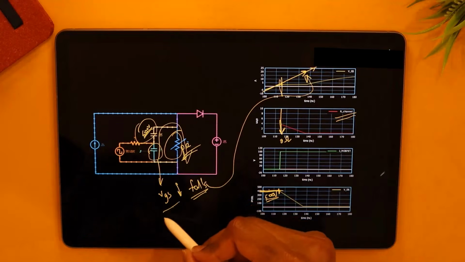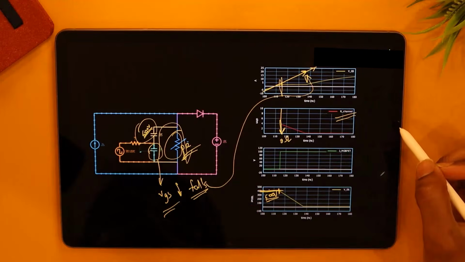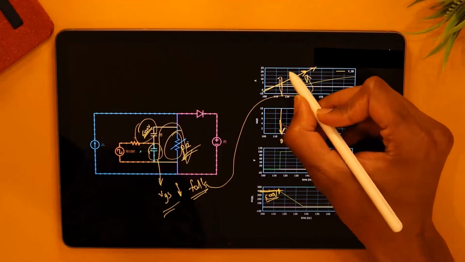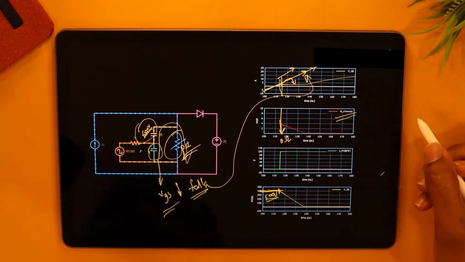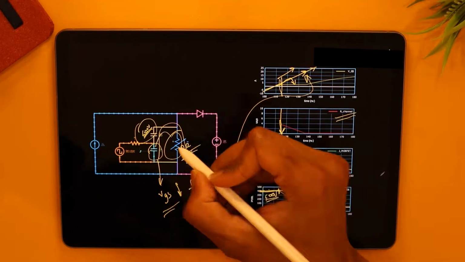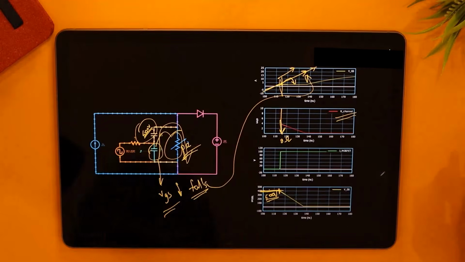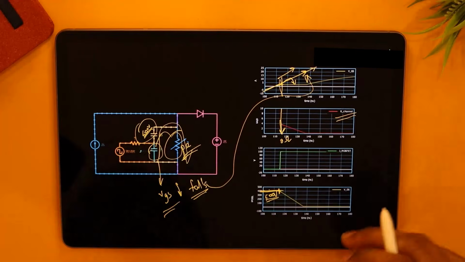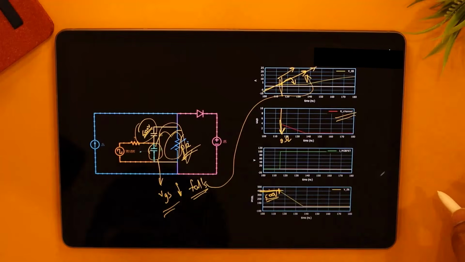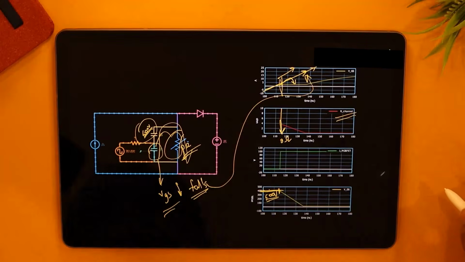And the VGS is then going to fall because of that short circuit current. So if VGS tries to increase, it's going to kill itself immediately, because it's going to see a short circuit, and that short circuit is going to drain it immediately. So there's no way you can charge the VGS. As soon as you charge the VGS, that will get discharged through that channel because it will create a short circuit. That's how the plateau starts.